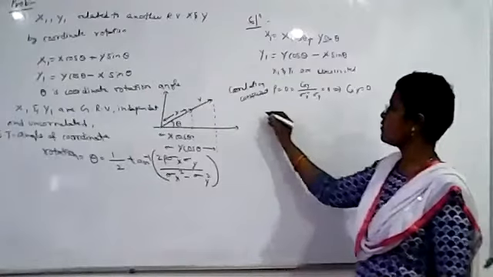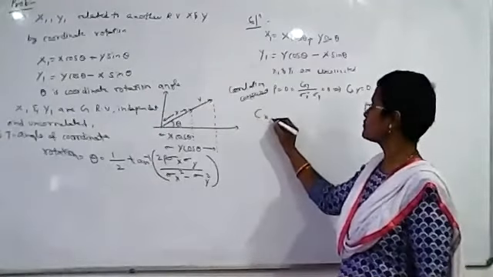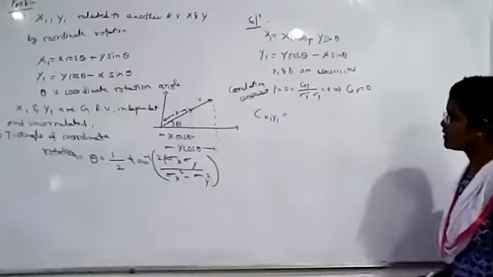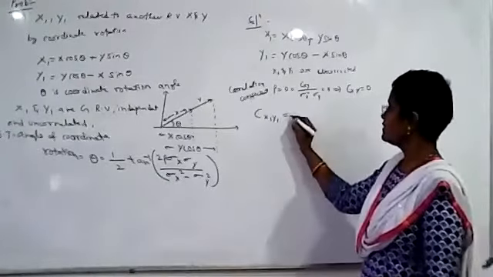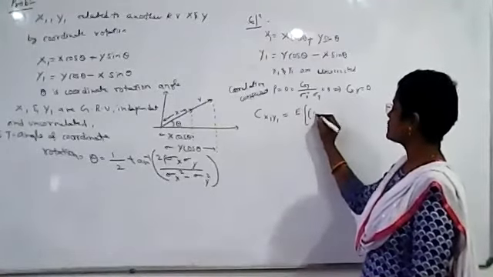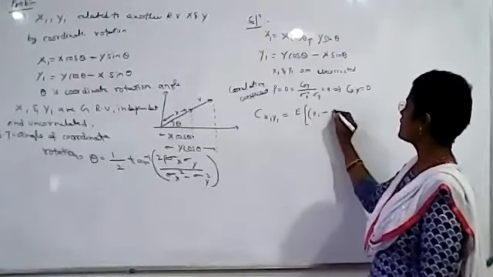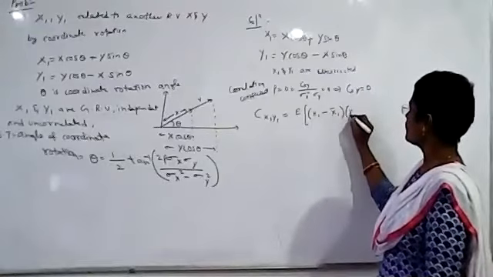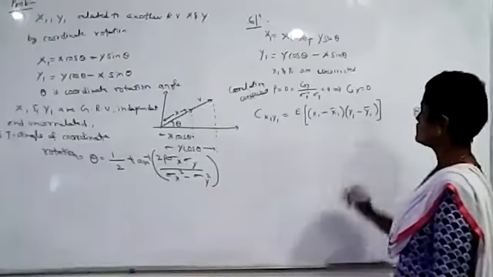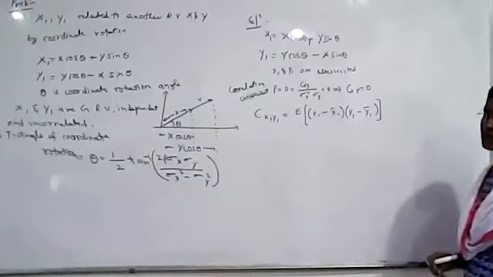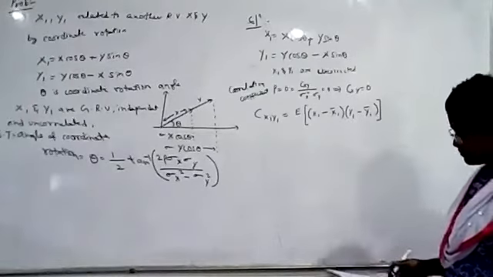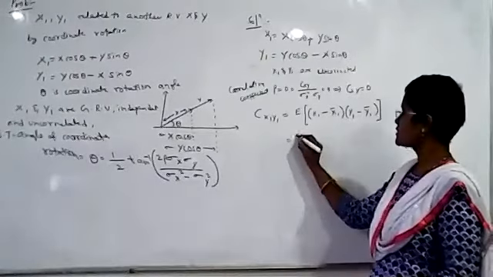So first we'll find out what is Cx1, y1. How do you find Cx1, y1? It is given as the expected value of x1 minus x1 bar into y1 minus y1 bar. So now substitute x1.